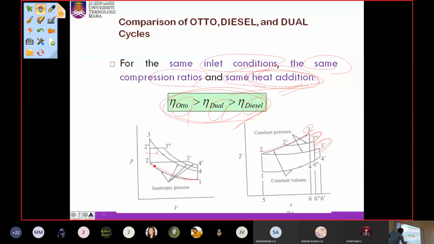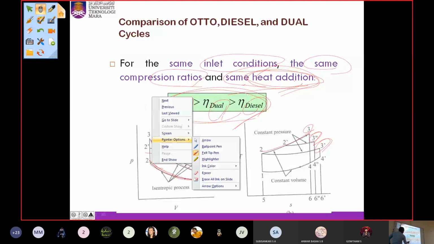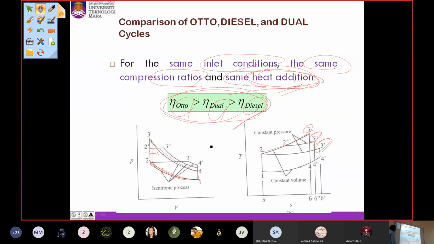This is constant volume, isentropic and constant volume. This is your auto cycle, and this is your constant isentropic. Then this is your dual cycle.